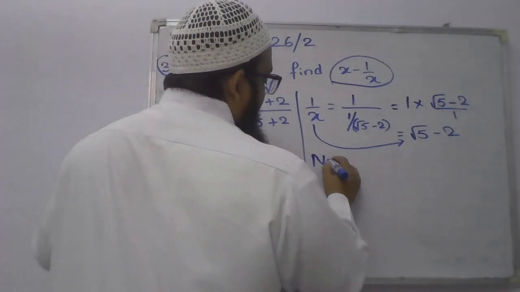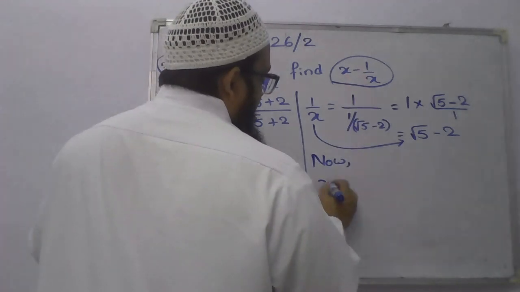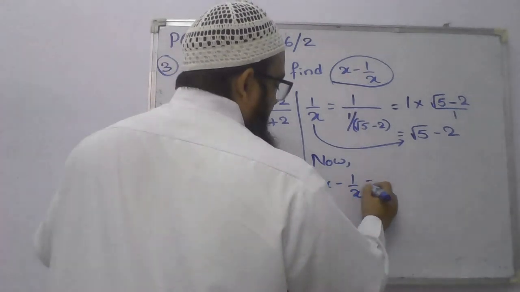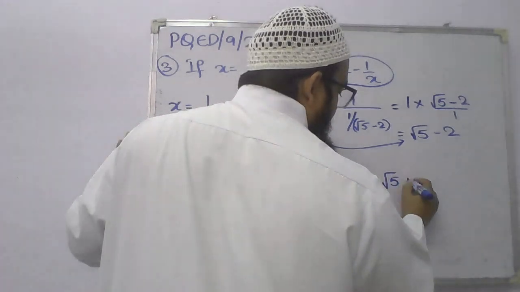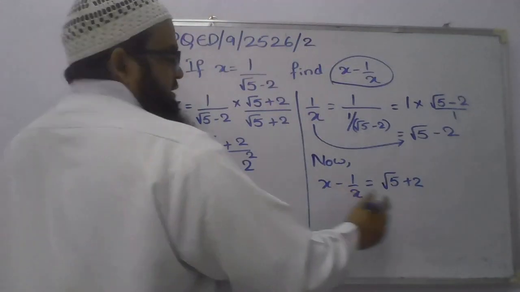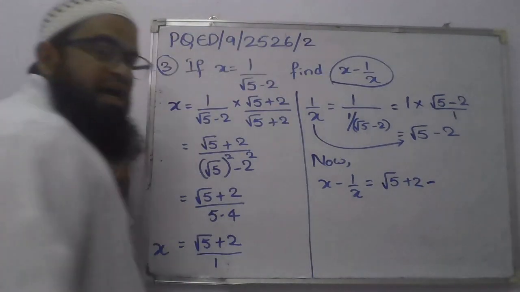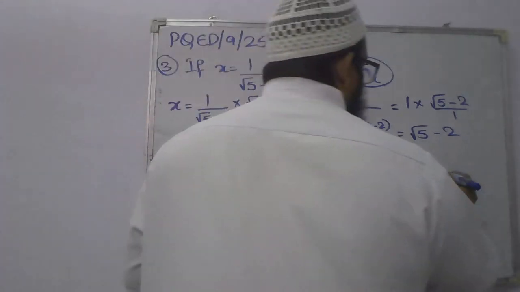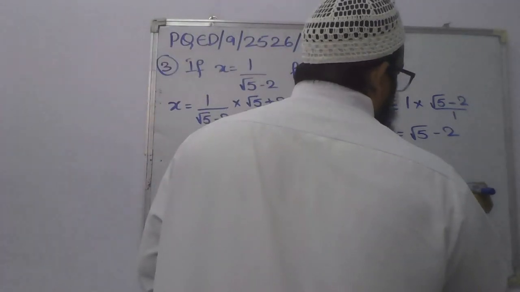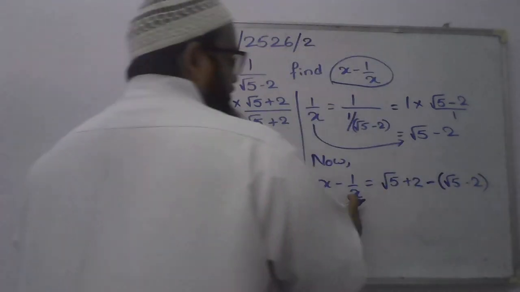Now can you find whatever he asked? x minus 1 by x. So x, what is x? Root 5 plus 2 minus. Whenever you have minus, keep the next term in brackets, root 5 minus 2, in place of 1 by x.